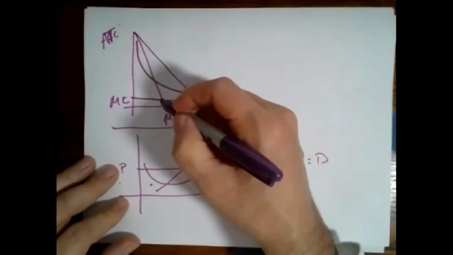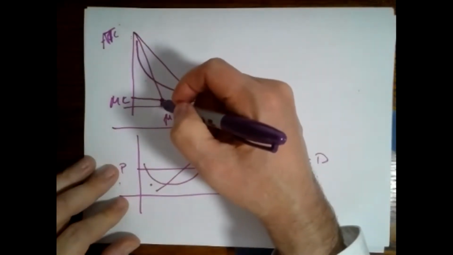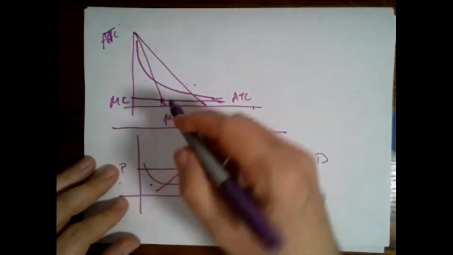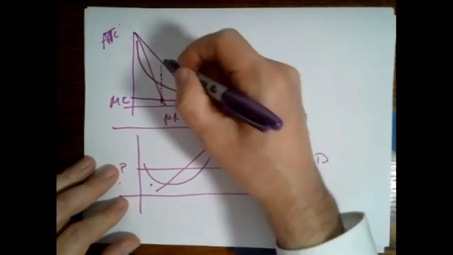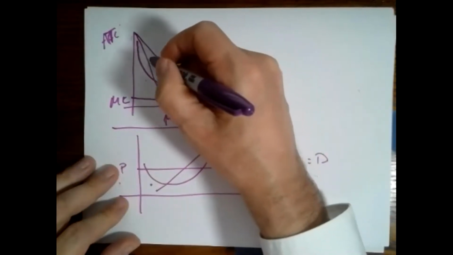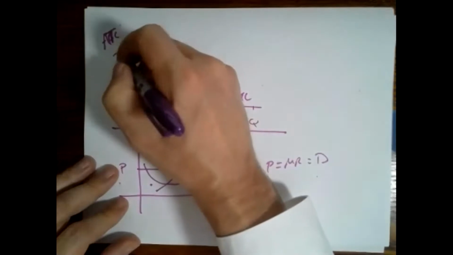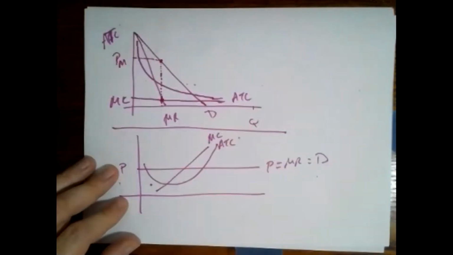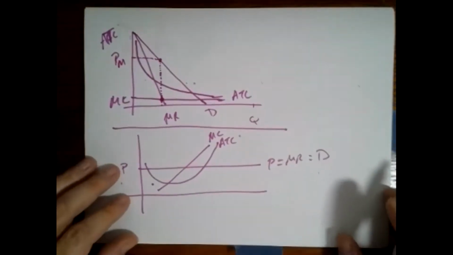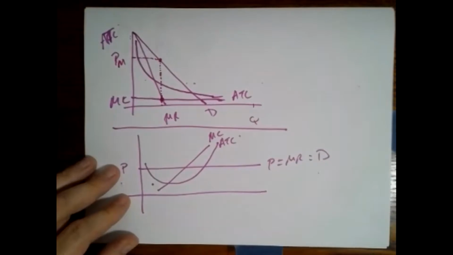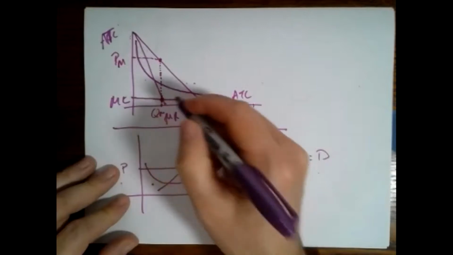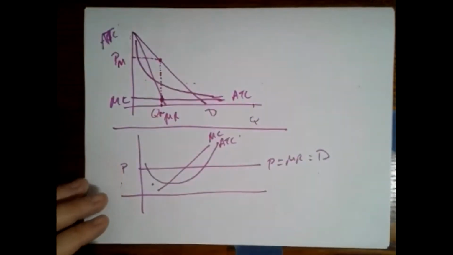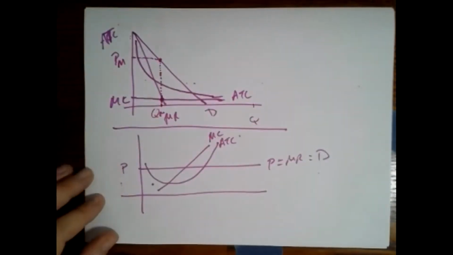We draw a line down from that point, and then up to the demand curve and over to find the monopolist price. PM is the price the monopolist is going to charge, and QM is the quantity that the monopolist produces.